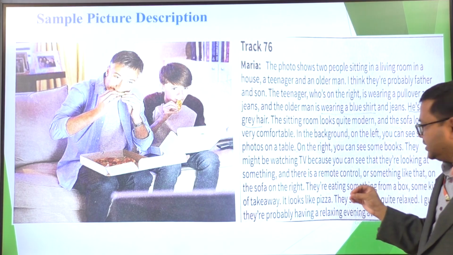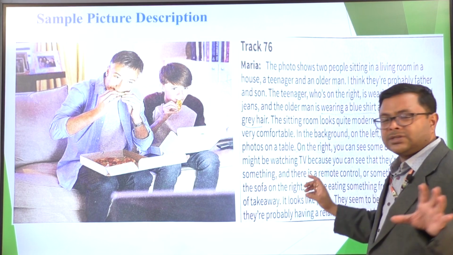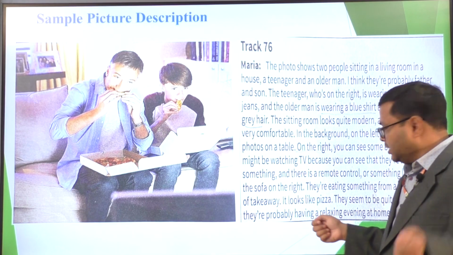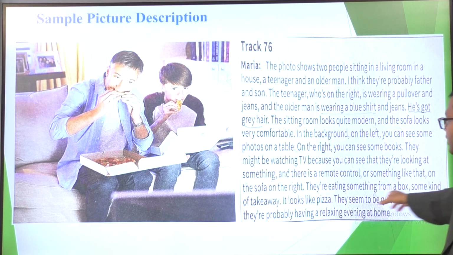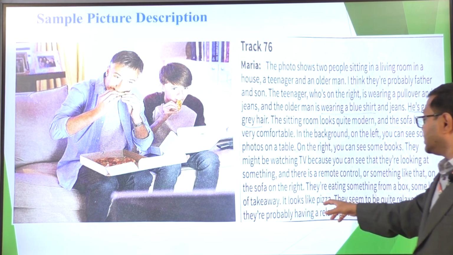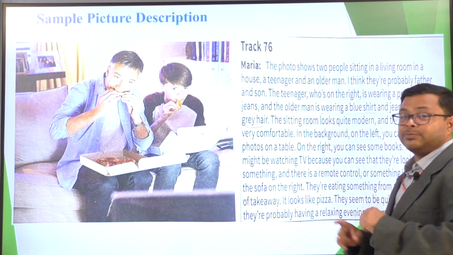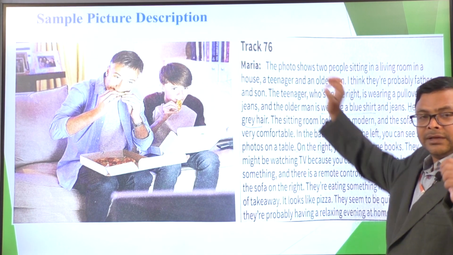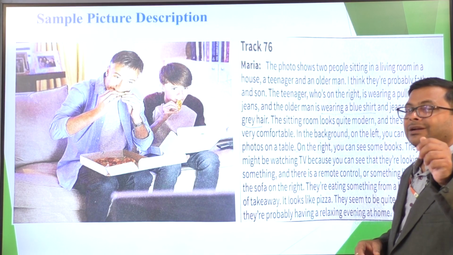My suggestion is, if you are not totally sure, don't say it. Always try to use it might be, or looks like, some kind of takeaway, or it looks like pizza. No, don't say it is pizza directly, because if you use it looks like pizza, then you will get a better score.